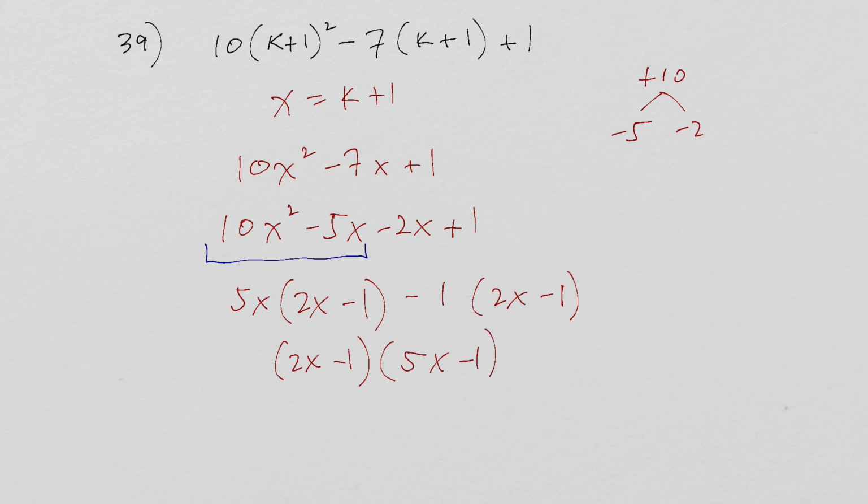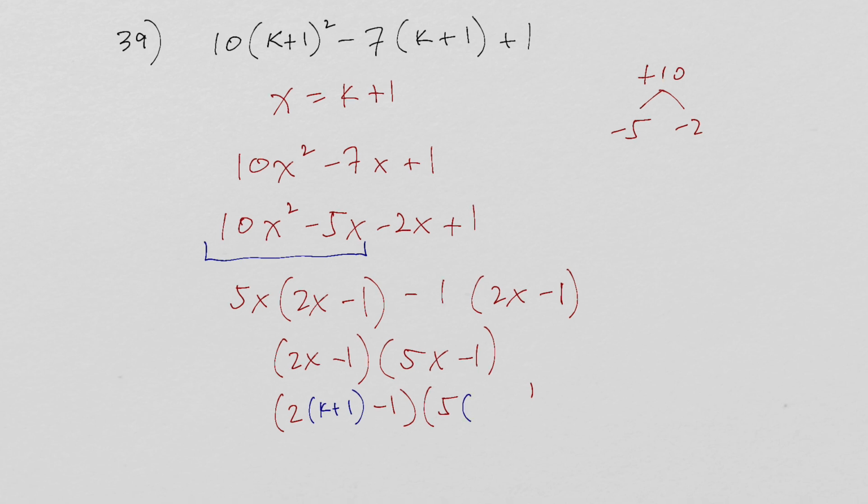But the problem is, x is not a part of the original problem. Now I'm going to have to replace x with k plus 1. So what I have here is 2 times x, which is k plus 1, minus the 1, times 5 times x, which is k plus 1, minus the 1. So what did I do there?